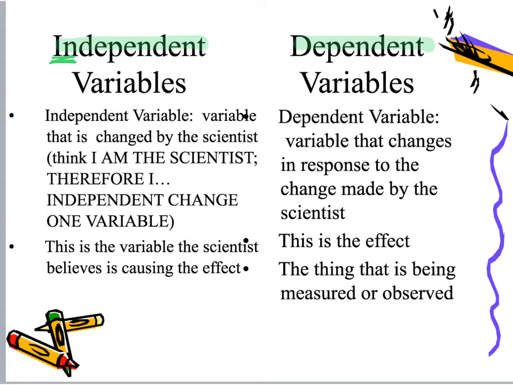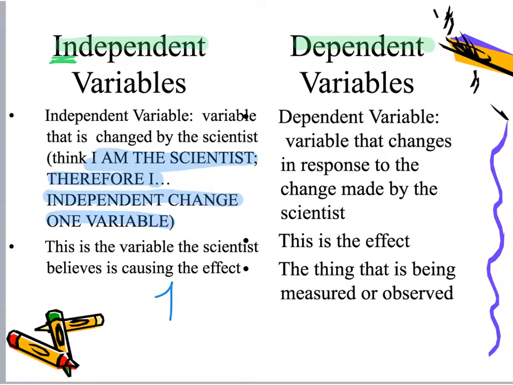So the way I like to think of the difference between these two variables is I think I am the scientist. Therefore, I independently can change one variable. Okay, so as many of you know, this I also represents the Roman numeral number 1.